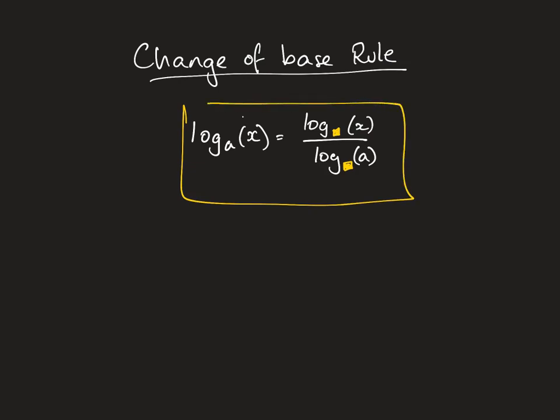So this idea used to be really big in maths because we didn't have a CAS calculator that could do log to the base 2. All we had was a table of values for log to the base 10 of x and log to the base e of x.